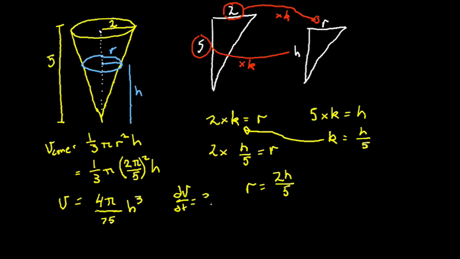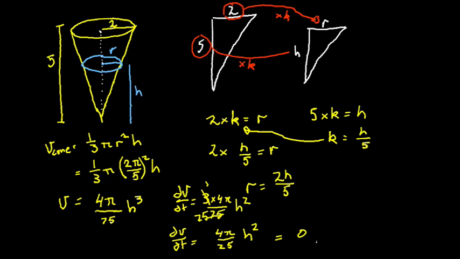So we'll have 3 times 4 pi over 75 h squared. Now there's a common factor of 3 in both of those, so I get dV/dh is 4 pi over 25 h squared.